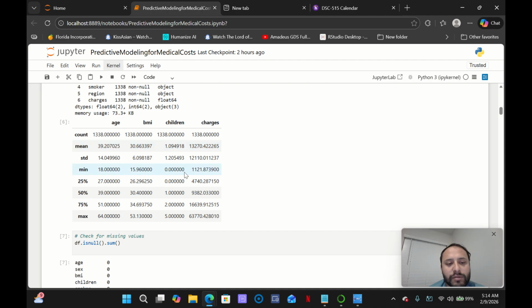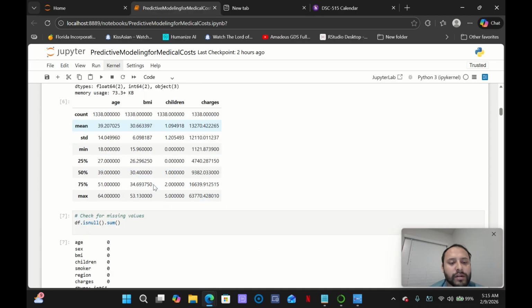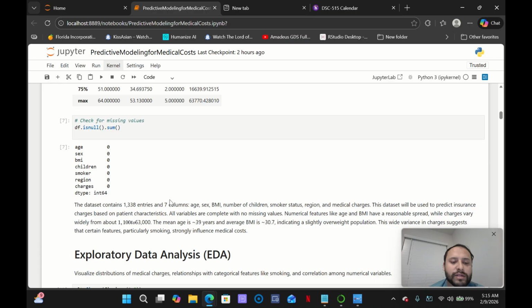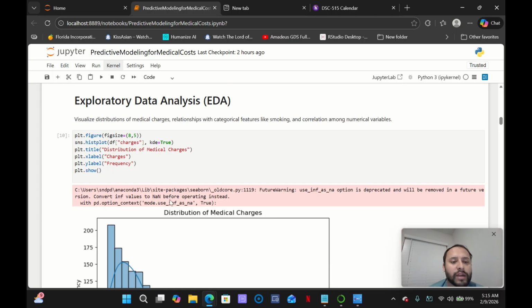The minimum people are paying is 1121, and the maximum is 60,770, and ages range from a minimum of 18 to a maximum of 64. There are no null values, so it is ready for modeling and exploratory analysis.